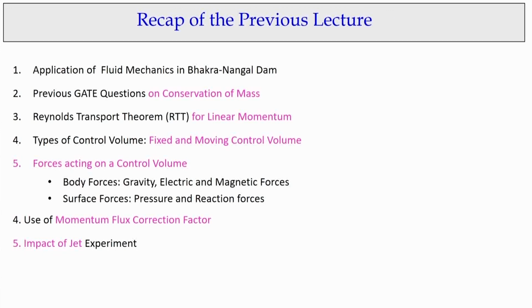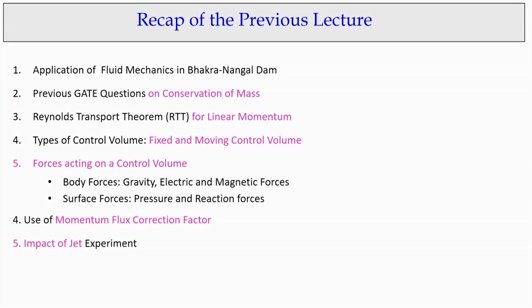So, let us come back to the recap of the previous lectures. As I said earlier, basically the mass conservation equation, and we also solved the GATE questions on mass conservation. Then we also discussed in detail the Reynolds transport theorem for linear momentum equations, for two control volumes, one fixed control volume and another moving control volume.